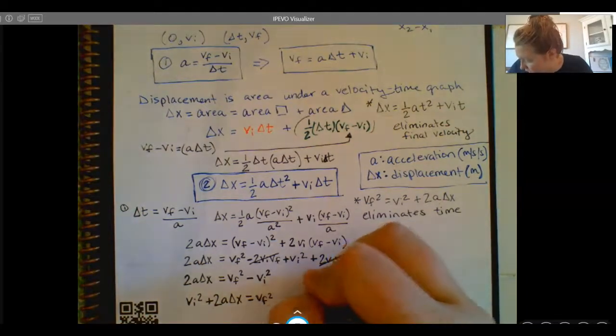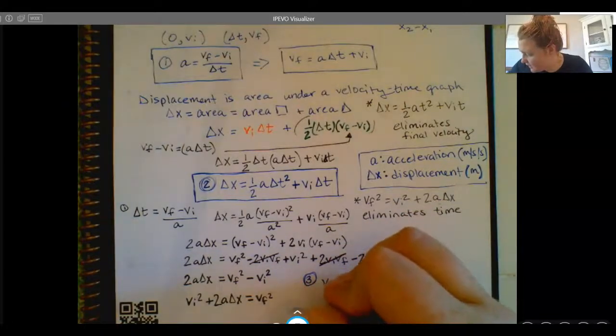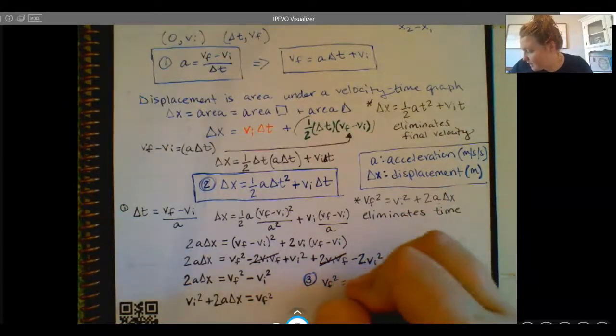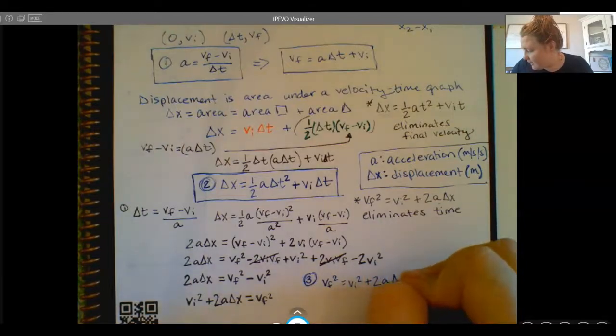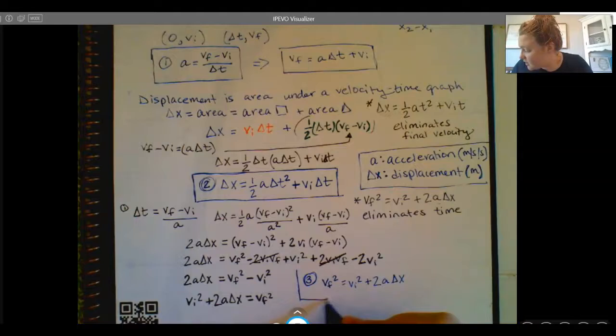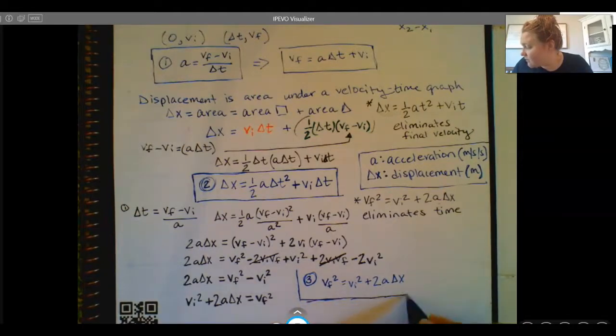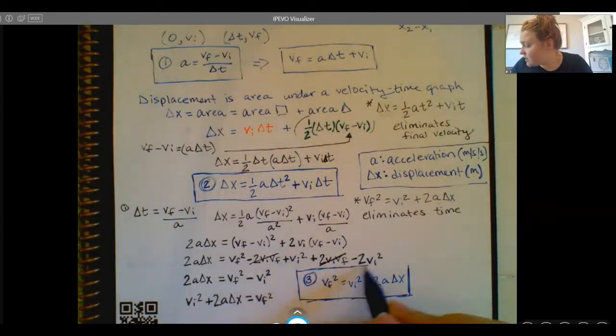This is our third kinematic equation. VF squared equals VI squared plus 2a delta x. Again, this equation is really great if we don't know our time.